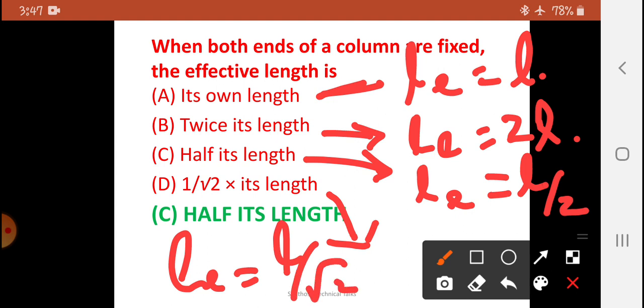These are the only four conditions available in the column.